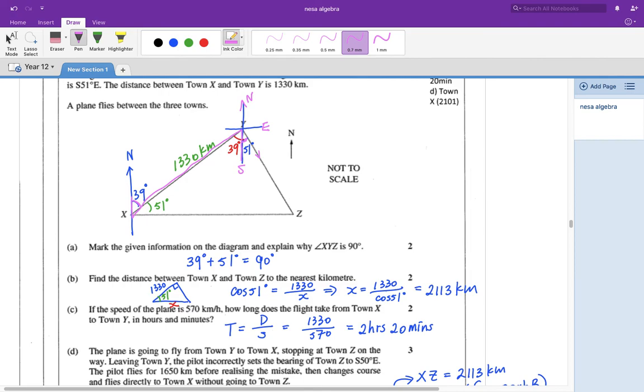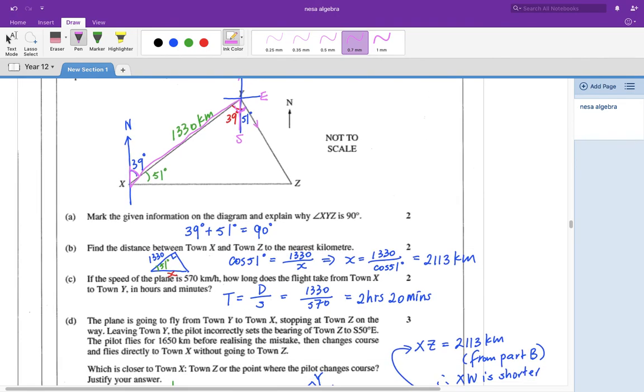And because it's 90 degrees here, that's what you got from question A. It's a right angle triangle. So you have 51 degrees. You have 1330, that's from the question as well in the first part. I'm trying to find X. So you have the adjacent, you're finding the hypotenuse, which is cos. So from this, you'll be able to find X.